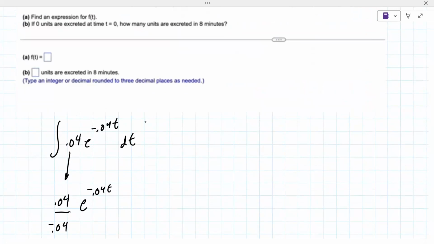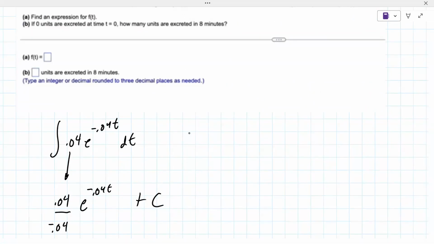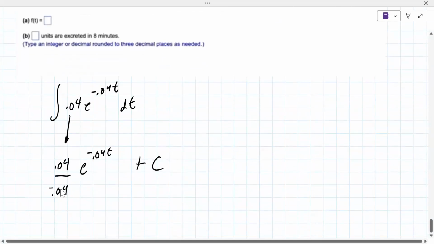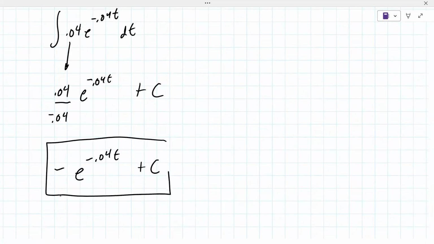Okay, and then it is plus c. All right, so these cancel. So you end up getting negative e to the minus 0.04 t plus c. That is the first box. That's the f of t.